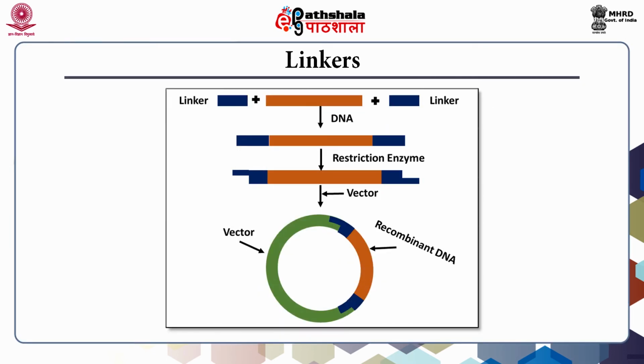Linkers have one or more target sites within them for the action of one or more restriction enzymes. They can be ligated to blunt ends of the foreign DNA or vector DNA. Then the ligated DNA is treated with a specific restriction endonuclease to produce cohesive ends of the DNA fragments.